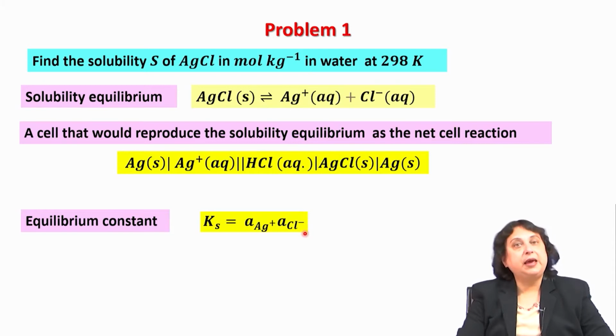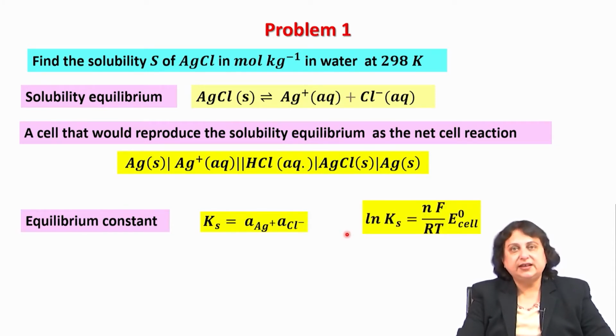Rather, since I am employing the electrochemical methods, I will be using the definition that the natural logarithm of Ks, that is the equilibrium constant for the solubility equilibrium, would be equal to nF by RT multiplied by the standard cell potential of the electrochemical cell that I am using over here. So, this is the working formula that I need to employ.